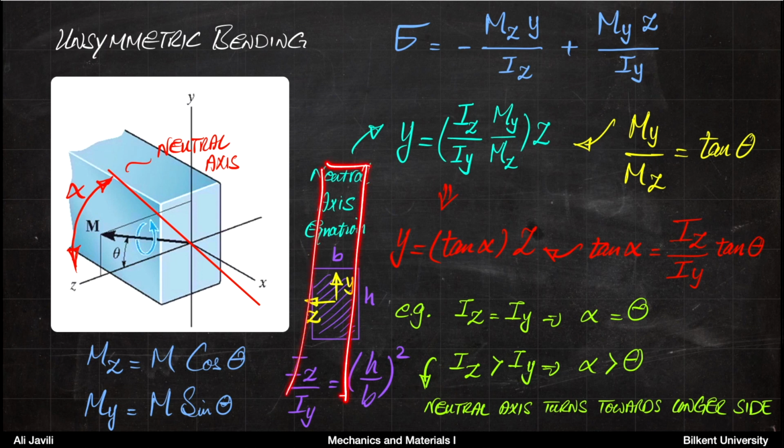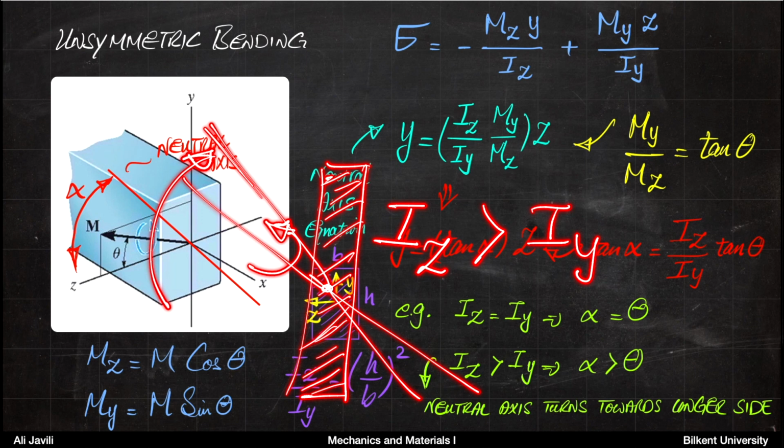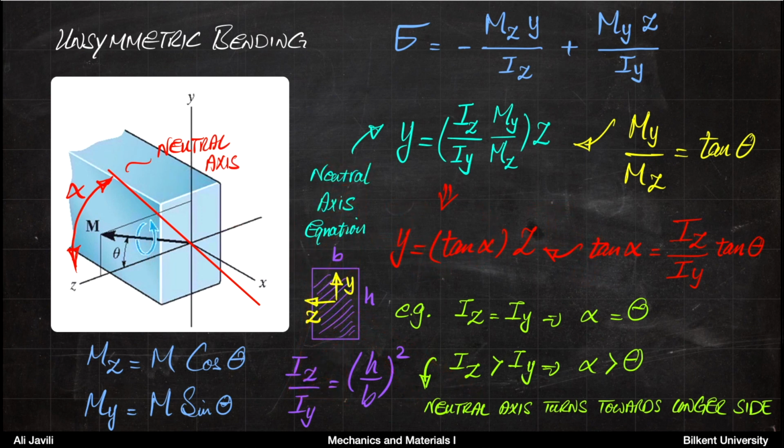This cross section is longer in the y direction, so for this cross section, Iz is larger than Iy. If you apply a moment with respect to this axis, the neutral axis would have an angle which is closer to the longer axis of the cross section. So the neutral axis turns towards the longer side basically.